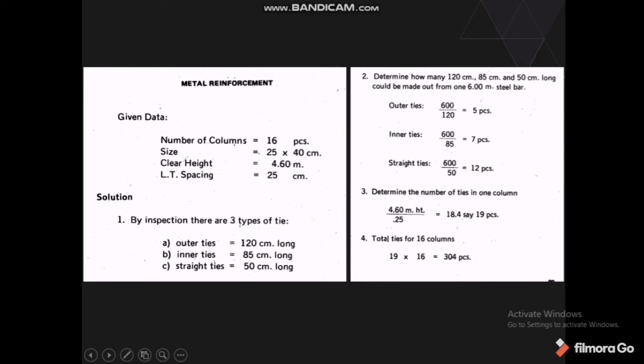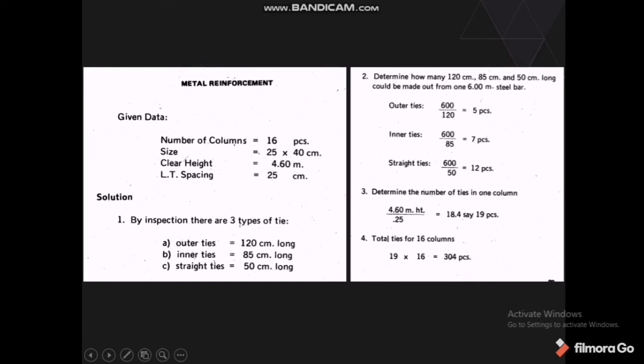Then next is to determine the number of ties in one column. So height is divided by the spacing. Height is approximately 4.6 meters and spacing is 25 centimeter, converted to 0.25 meter, and that is 18.4, rounded up, that is 19 pieces.